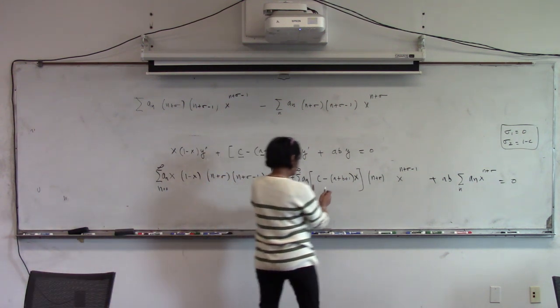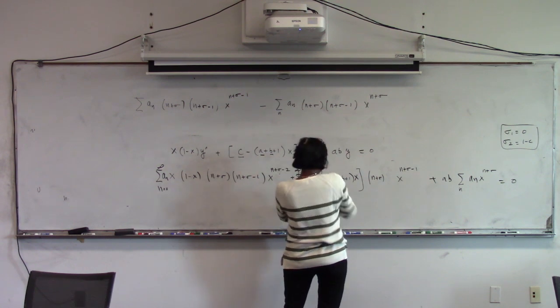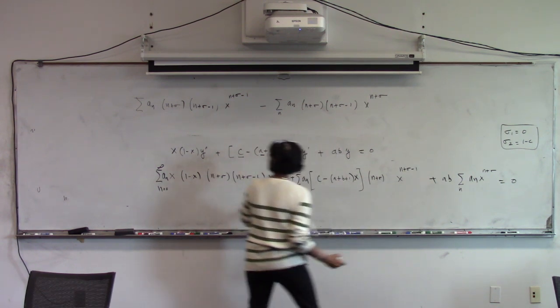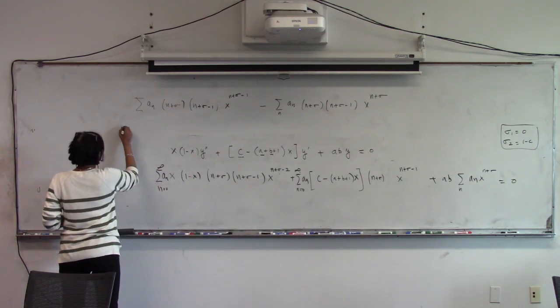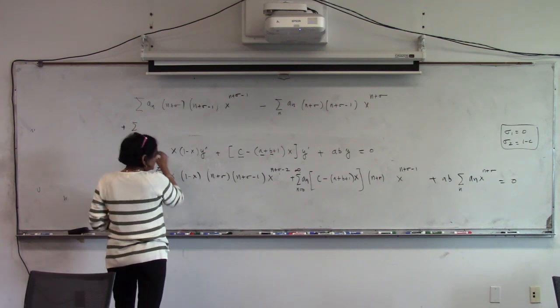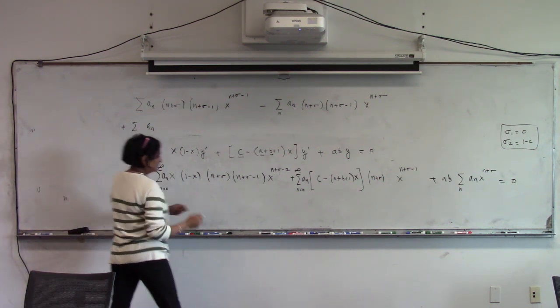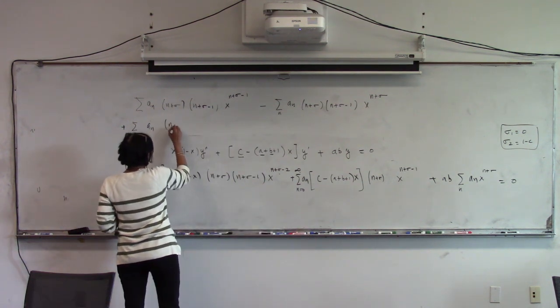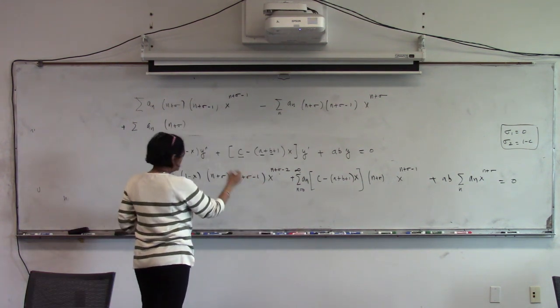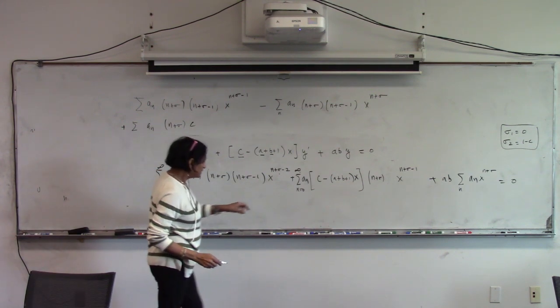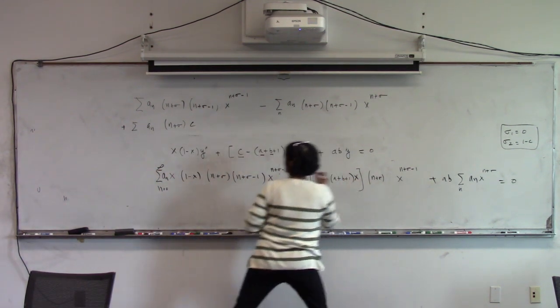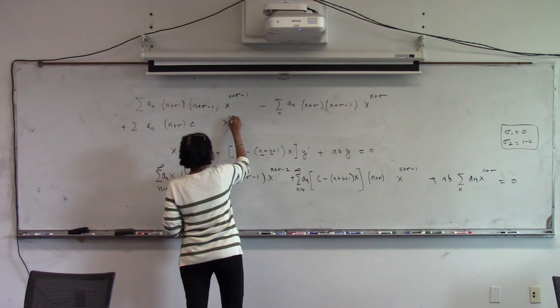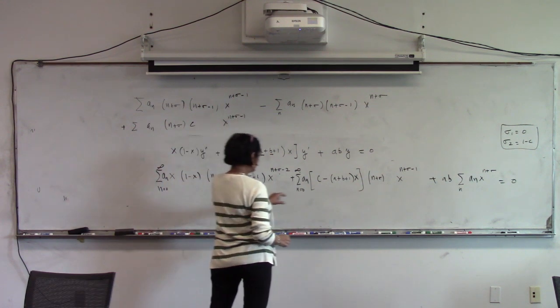Then this term will club with the first one, so let me write down there, plus a sub n, n plus sigma, c is there, right, and that is x to the power of n plus sigma minus 1, so it can go with that.